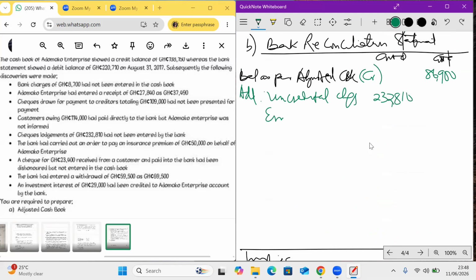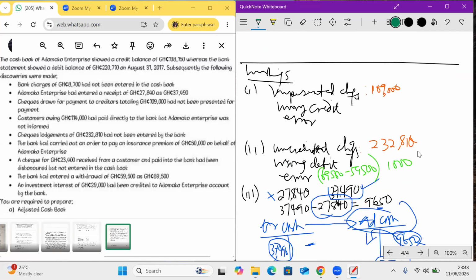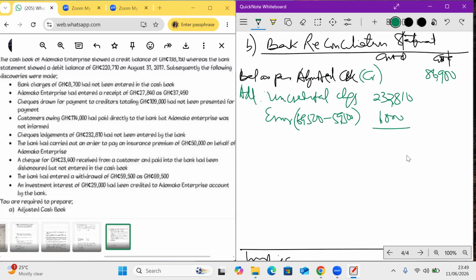So the error, we had 69,500 minus 59,500. We had 1,000. Then you calculate everything.